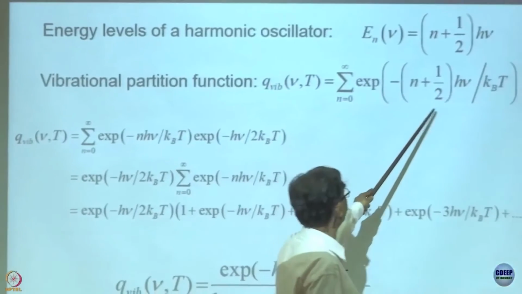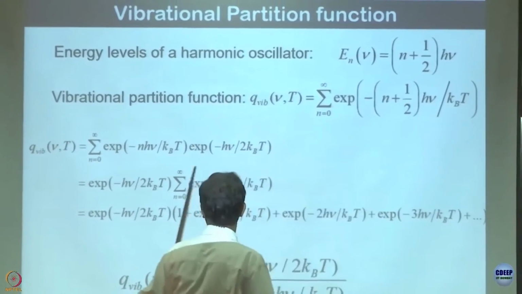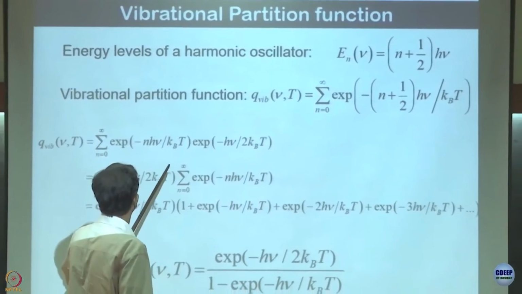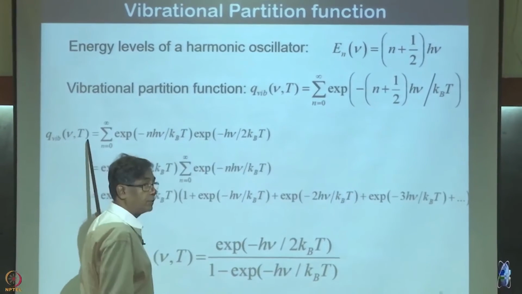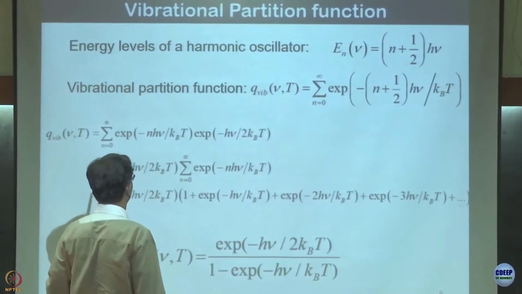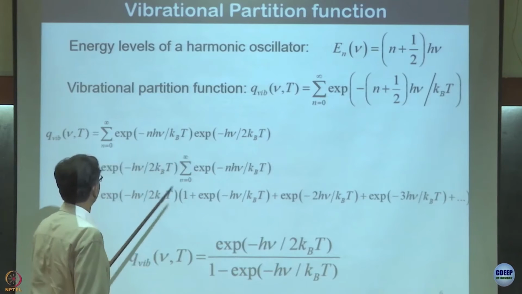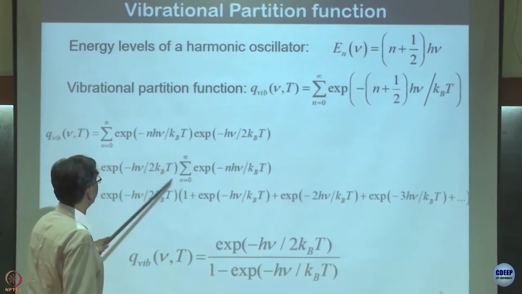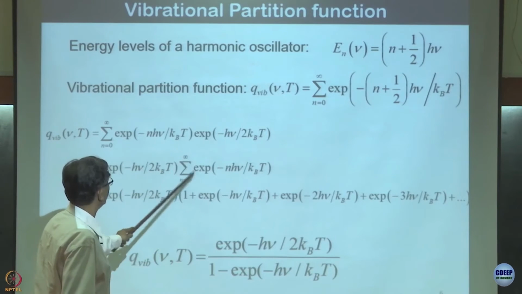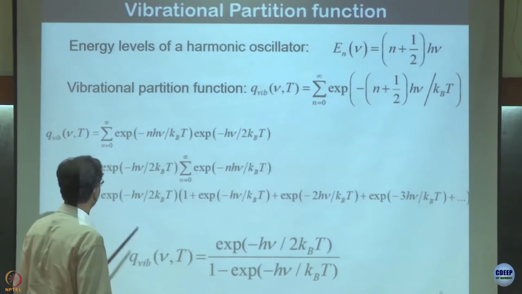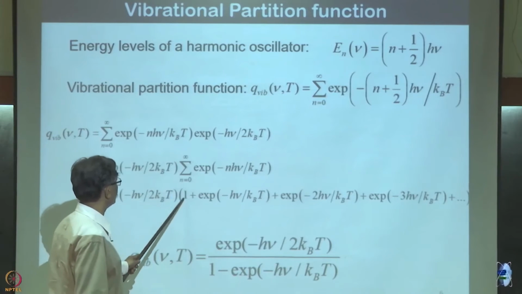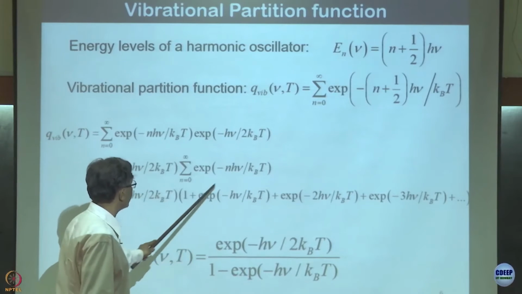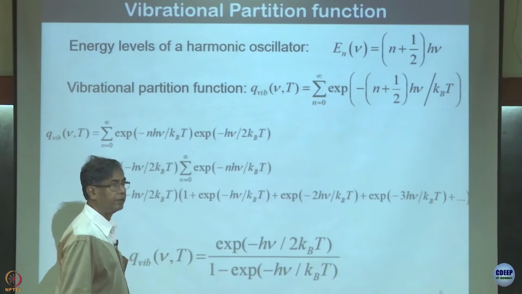So, e to the power minus half h nu by kBt does not have any n, it comes out, that should come in front actually, okay, but we can live with that because that has no n. Then I have to sum n equal to 0 to infinity of e to the power minus n h nu by kBt. So n equal to 0 is 1, then this is e to the power minus h nu by kBt, which is x, okay.